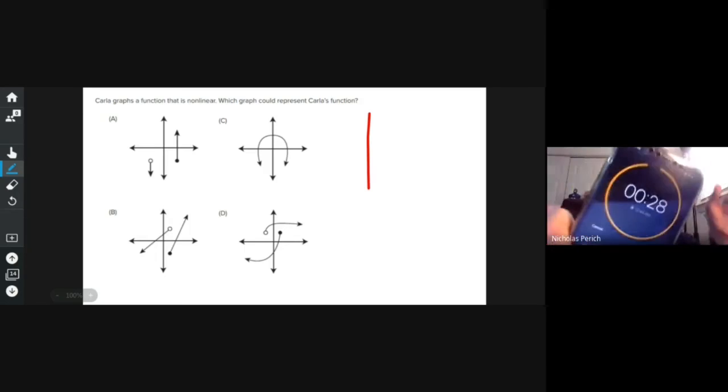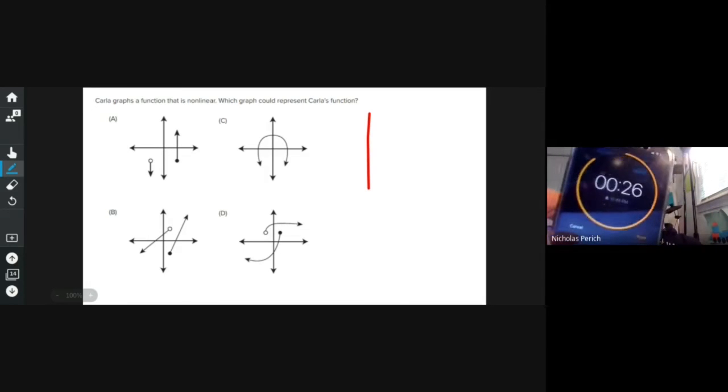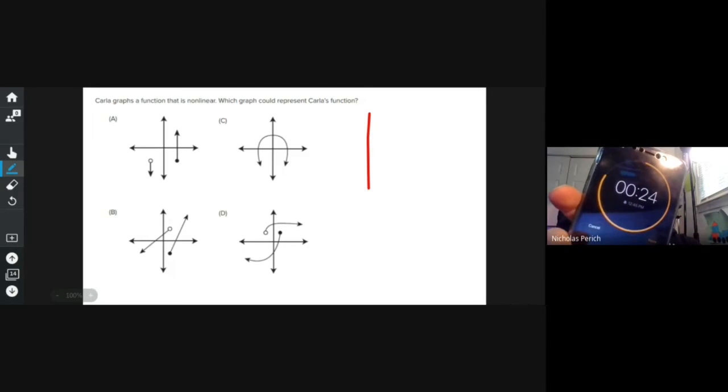Vote before the end of the timer, please. Which one of these passes the vertical line test?